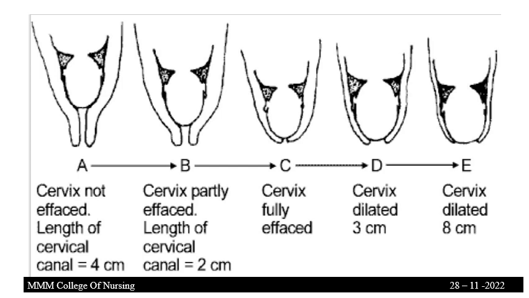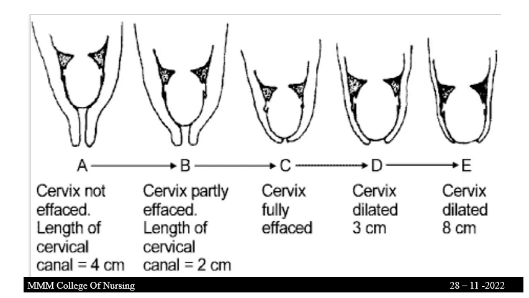Next is the dilatation. This is the dilatation of the cervix. As you see from A to E, the space between the external os is increasing to accommodate the coming head. This is called cervical dilatation.